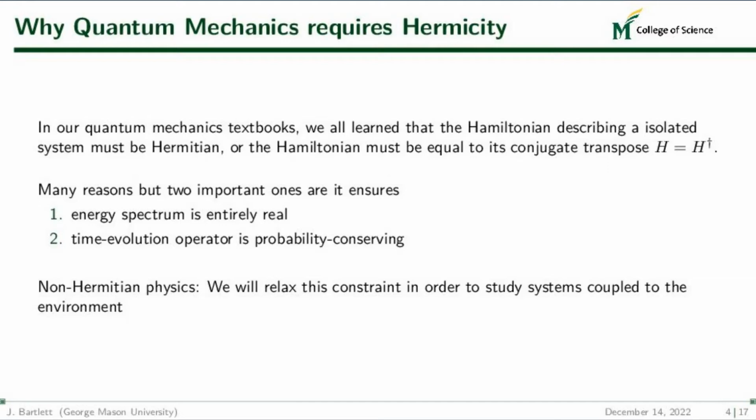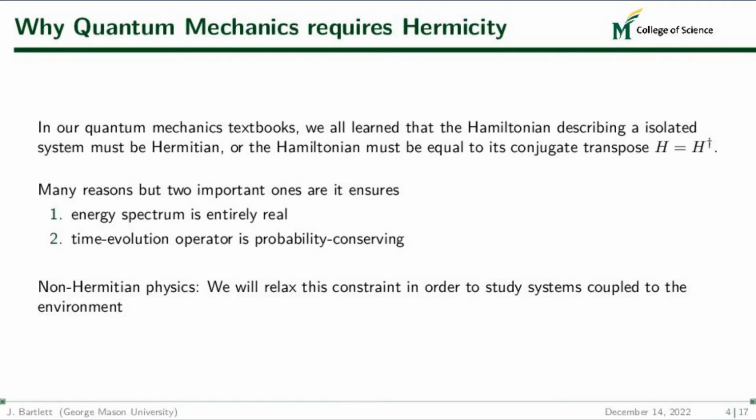So now, if anyone's picked up a quantum mechanics textbook, you've seen that it states the Hamiltonian of an isolated system must be Hermitian. So in other words, the Hamiltonian must be equal to its conjugate transpose. In physics terms, we write this as H equals H dagger. So there's several reasons why this constraint is imposed.